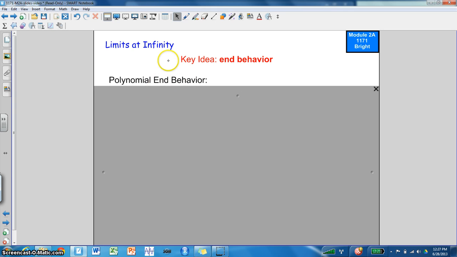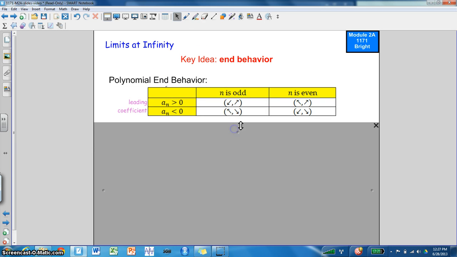The first thing we're going to look at is when the function is a polynomial. From module 0, we remember what polynomial end behavior looks like. We have to know two things: the leading coefficient, a sub n, and the degree, n, of the polynomial.